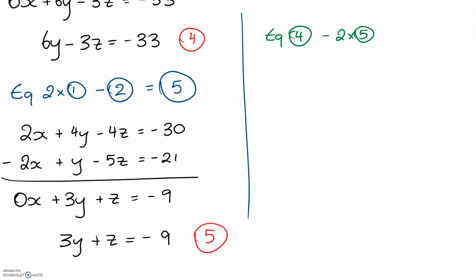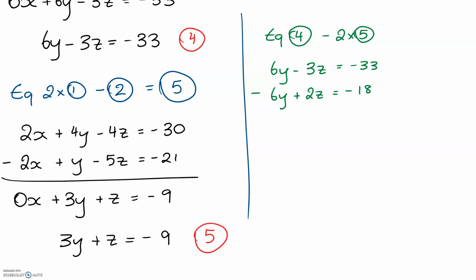So we've got 6y minus 3z equals negative 33, minus 2 times equation 5, which becomes 6y plus 2z equals negative 18.